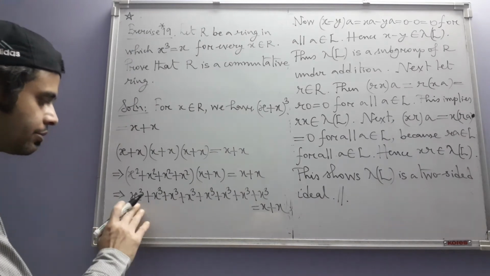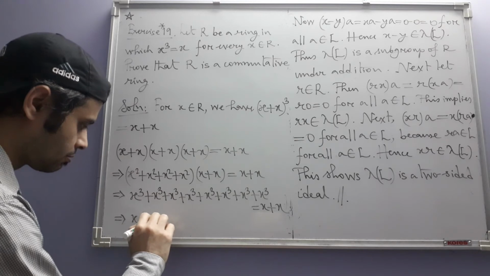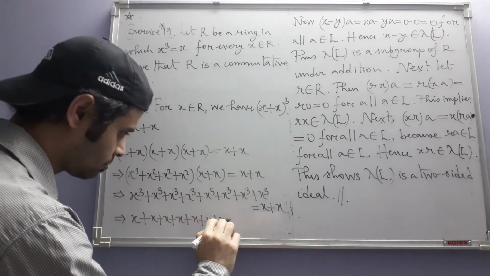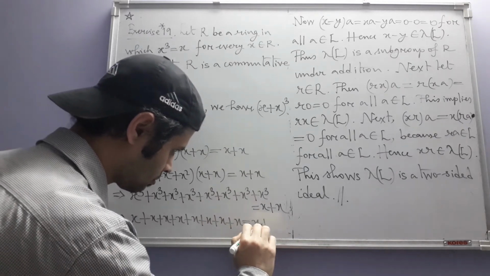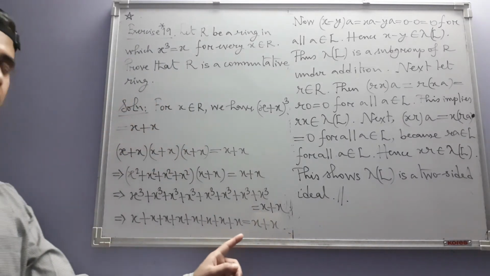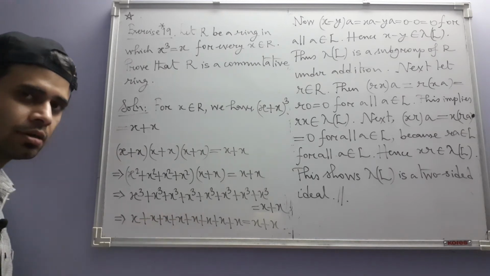But we already know that cube is equal to the element itself. So that means here we have 8 x's and here we have 2 x's, and you can use the cancellation law which is available for us.